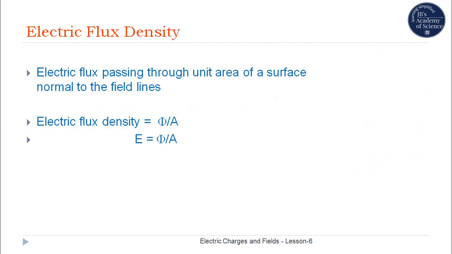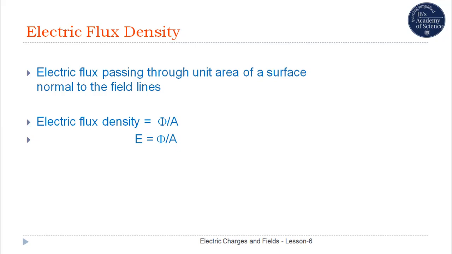Now, electric flux density. Electric flux passing through unit area of a surface normal to the field lines is called electric flux density. Electric flux density gives the electric field at that region.